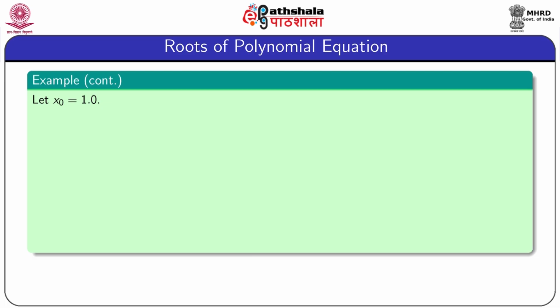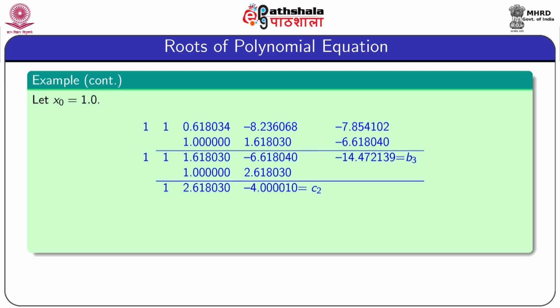Now, we find the second root of the given polynomial, starting from the reduced polynomial q(n minus 1). To find the second root, we assume that the initial guess be equal to 1.0. So, using the same method, we calculate the b's which are shown in the third row of the table, and the fifth row gives the values of c's.